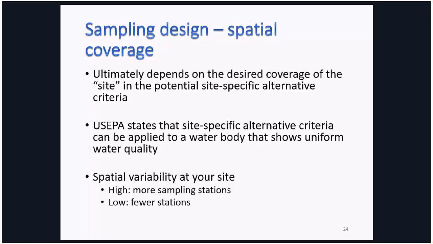So if your site has very high spatial variability from one location to another, then that's an argument for having more sampling stations. If you have little spatial variability, the water is quite uniform, the quality is pretty well mixed, then fewer stations would do fine. Next slide.